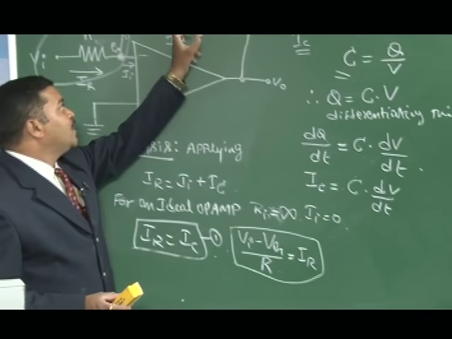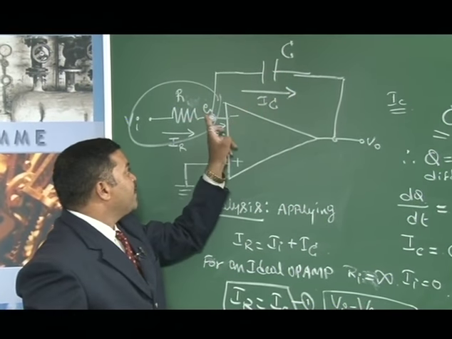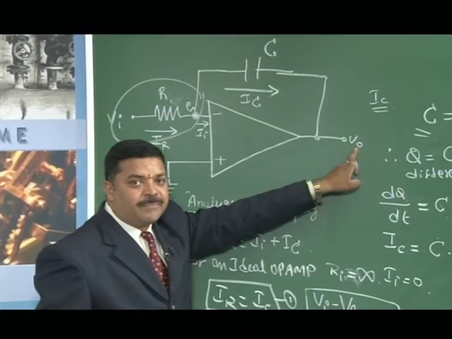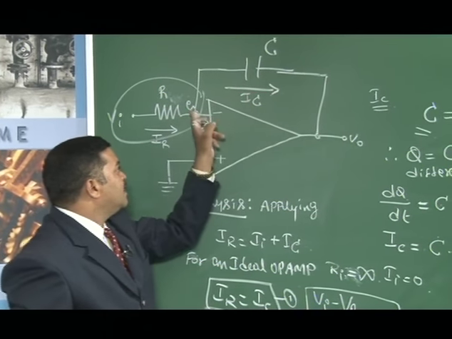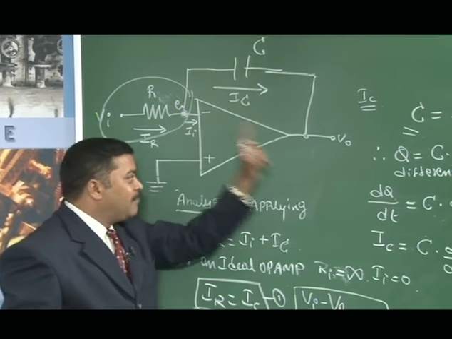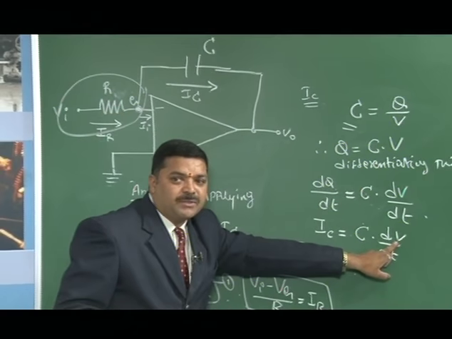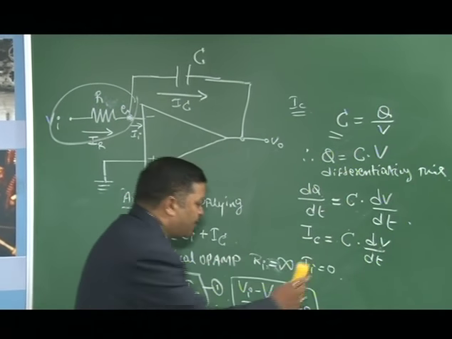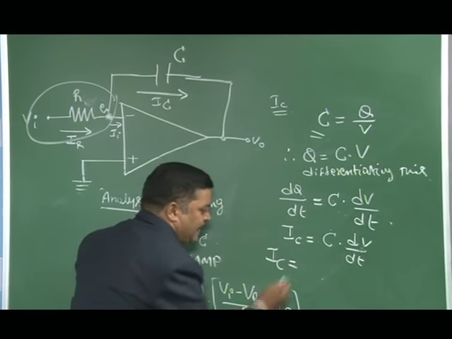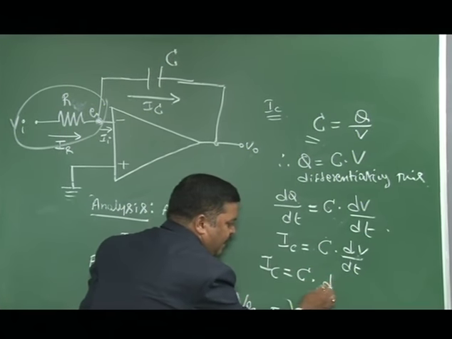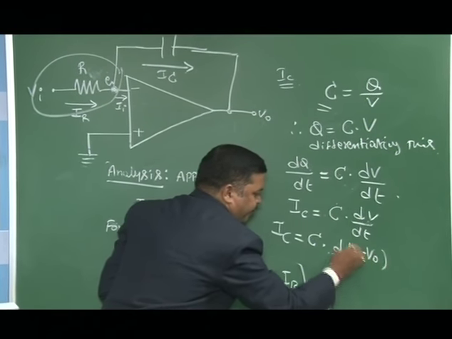If we see the circuit diagram, the voltage across the capacitor is Vg minus V naught, because the current is flowing in this direction. So, we must consider Vg minus V naught. Therefore, we can write IC for this circuit as C times d by dt of (Vg minus V naught).